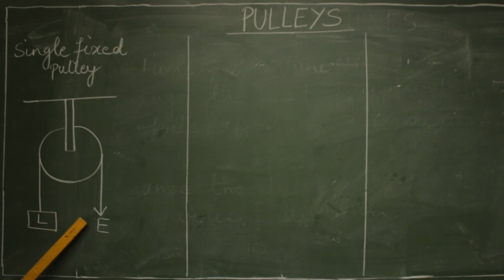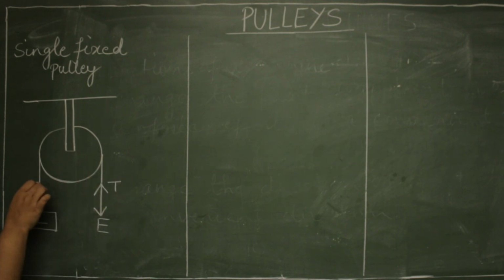In the diagram, it is clearly mentioned that at one end of the rope of the pulley there is effort, you apply effort, and at the other end there is load. Now because of the forces that you apply on each of the ropes, tension is developed on both the ropes.